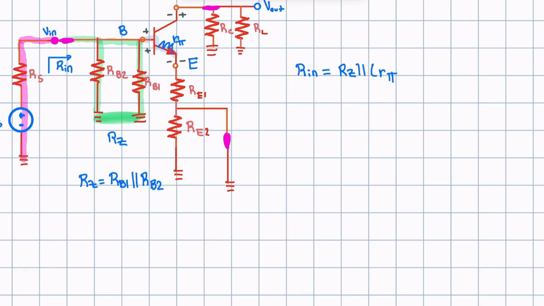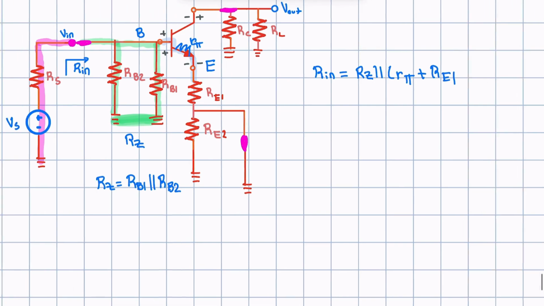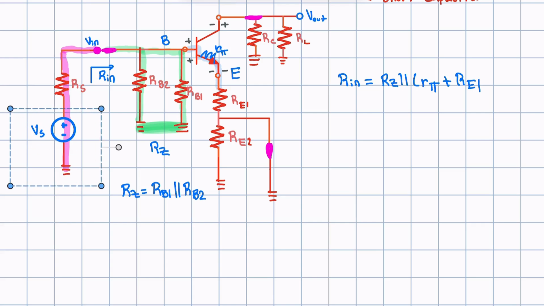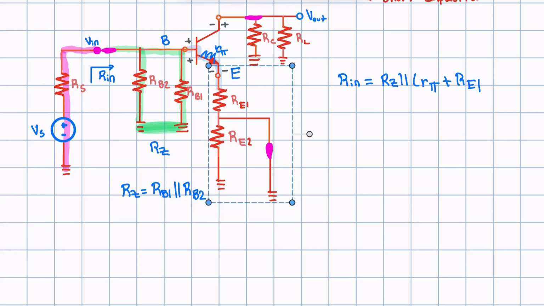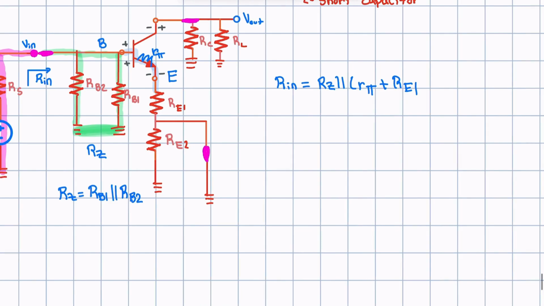As we pass this part of the circuit, we hit RE1. Now remember, our input signal is at the base, which means everything in the emitter after this emitter arrow is going to be multiplied by a constant of 1 plus beta. So let's do that. 1 plus beta.